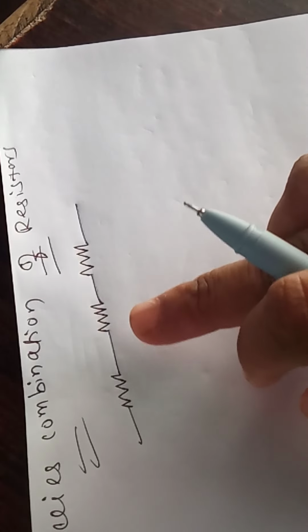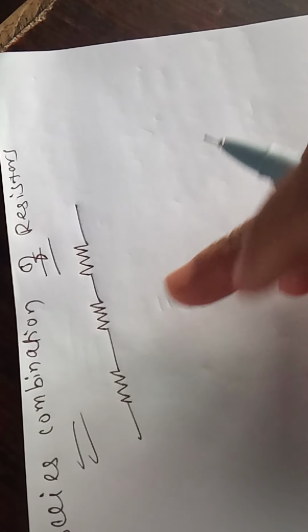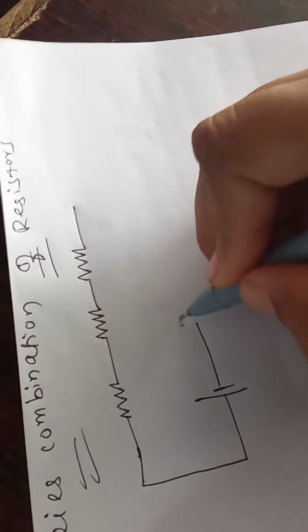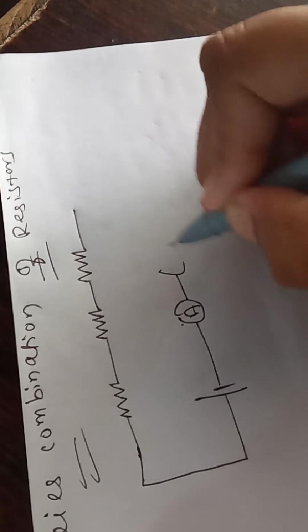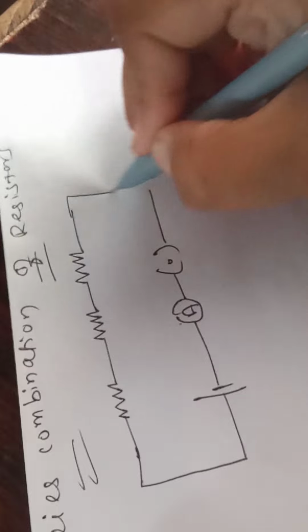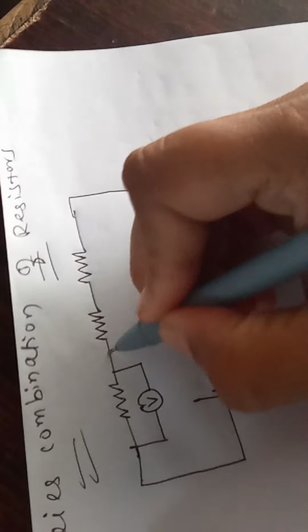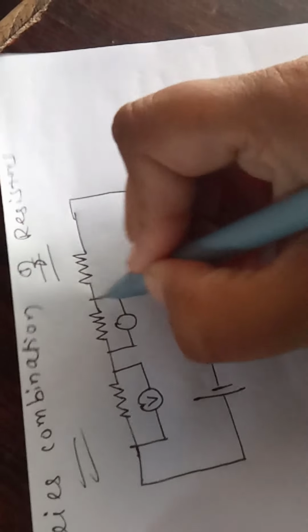This is the symbolic representation of a resistor. Let us connect a battery, an ammeter, a key, a voltmeter, right?